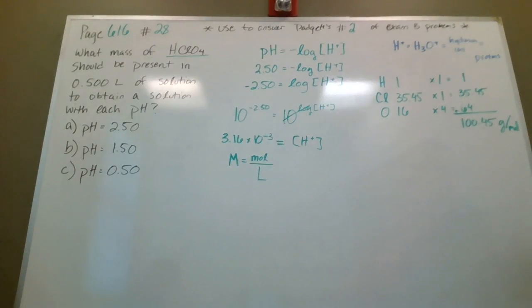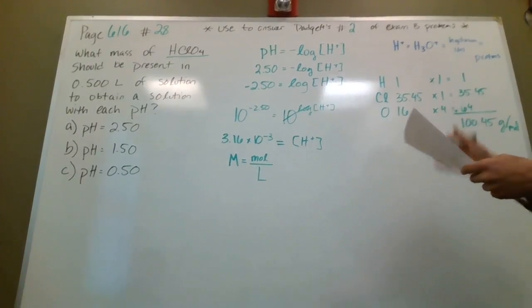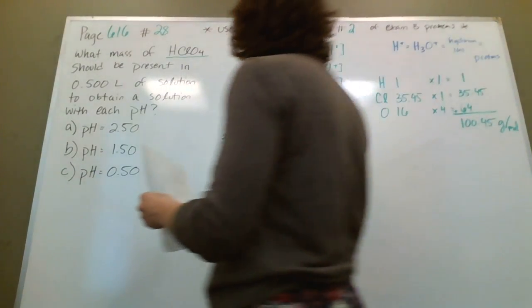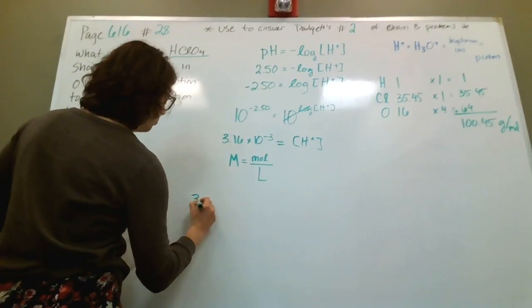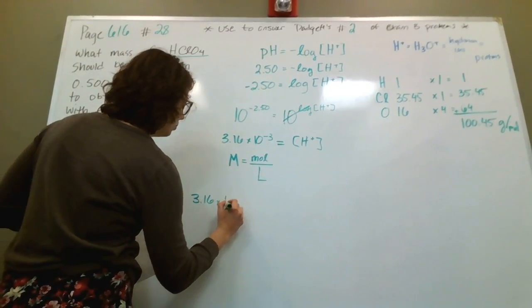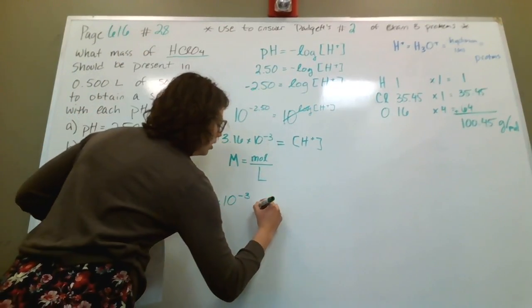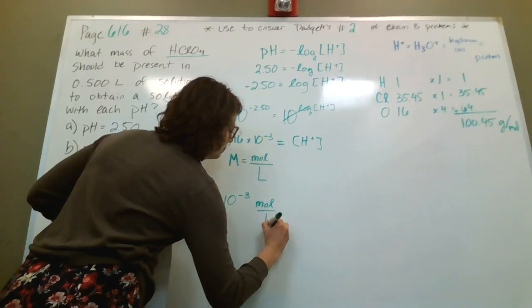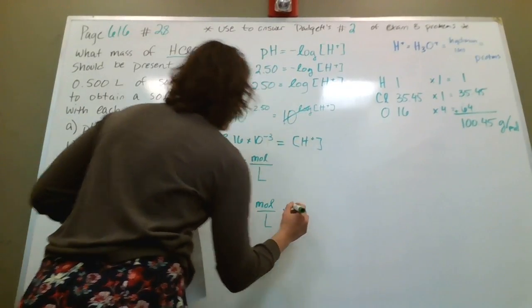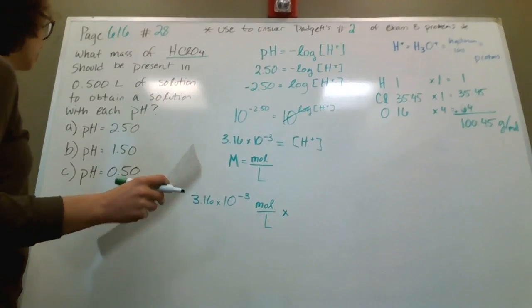Okay, so now we have all our ingredients to find the mass. We'll take 3.16 times 10 to the negative 3 moles per liter. You'll multiply that by the number of liters that you're given.